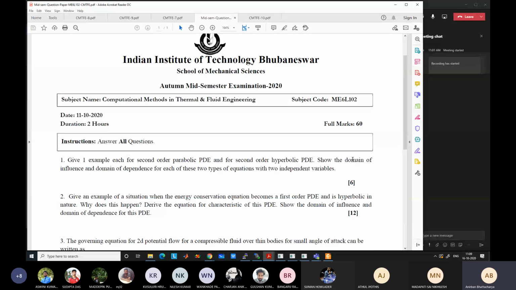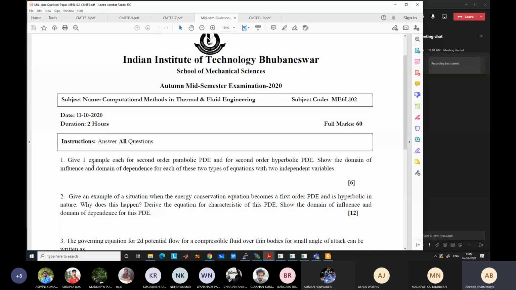The parabolic PDE example we discussed is the 1D transient diffusion equation, and the second order hyperbolic PDE is the wave equation. You can give these two examples or any other examples you thought of, and then you have to show the domain of influence and domain of dependence. That also we have discussed in the class.